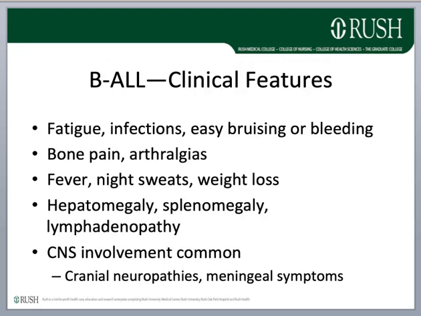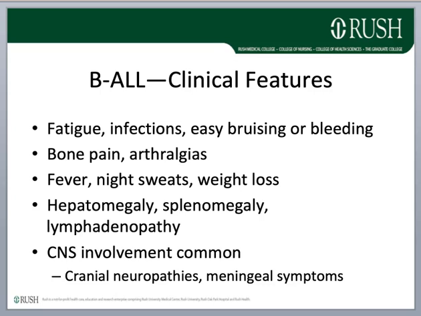Similar to AML, most patients have findings that are associated with anemia, neutropenia, and/or thrombocytopenia due to bone marrow involvement by blasts. The white cell count may be decreased, normal, or markedly elevated. Symptoms are associated with marrow replacement by blasts and include fatigue, infections, or easy spontaneous bruising or bleeding.